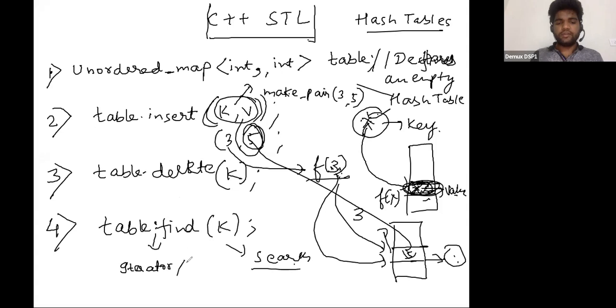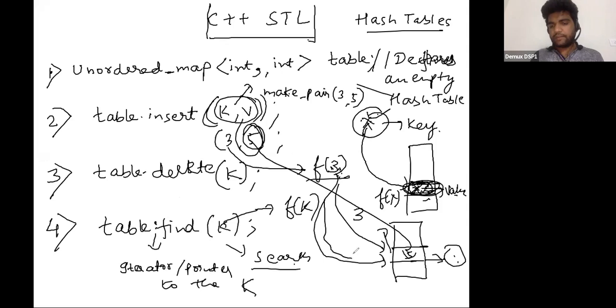You can just assume it's a pointer. So it will return a pointer to k. It will do f of k, go to that particular location, and do probing, let's say. Once it finds the value, it will return a pointer to that.